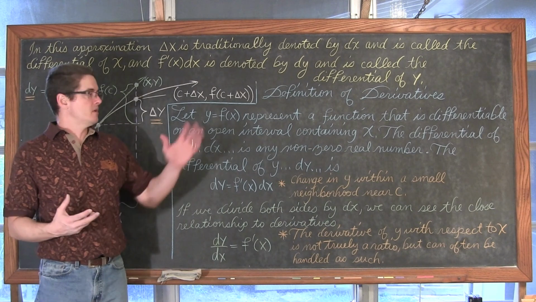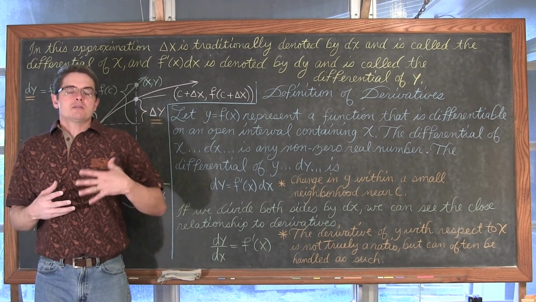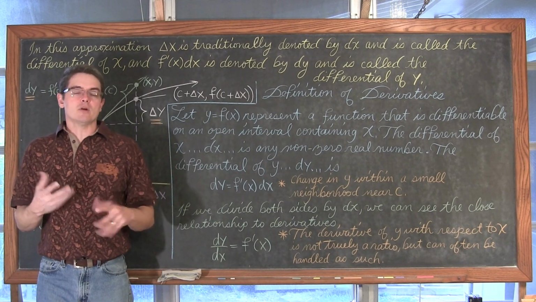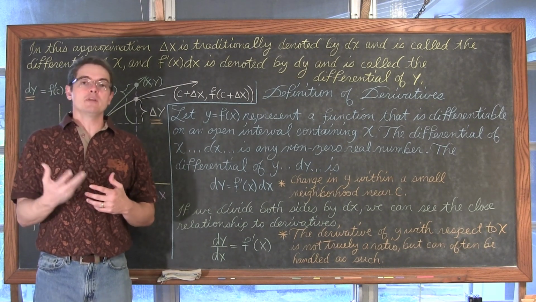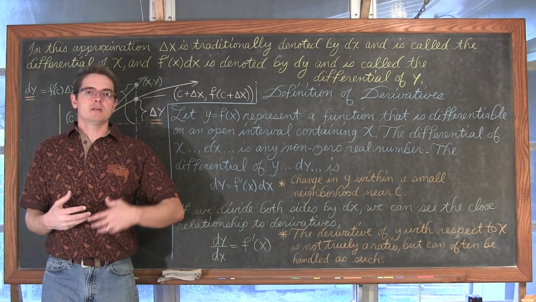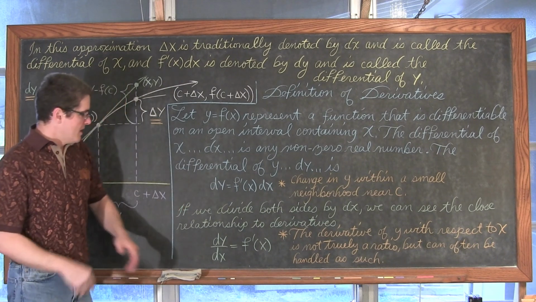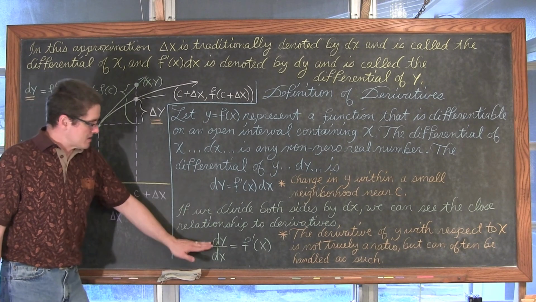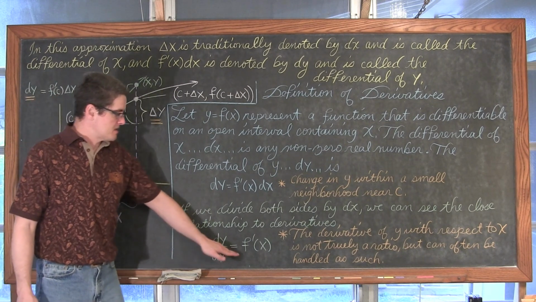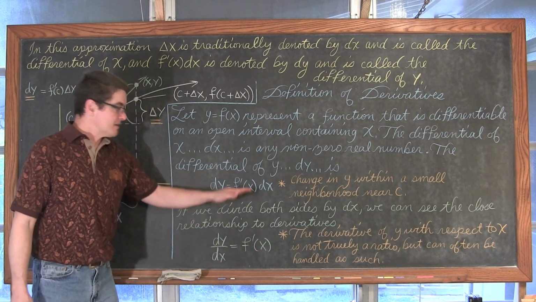We are going to, in a couple of scenes, see the rules for finding differentials, and they're going to look really the same as some of our basic rules for finding derivatives, like the constant rule or the product rule or quotient rule and such. So if I take that dx and divide it over to the other side, we can see that we have dy over dx is equal to f prime of x. Really very similar.